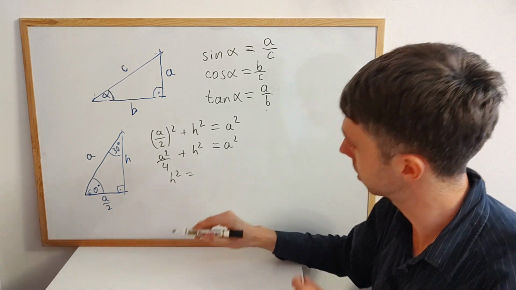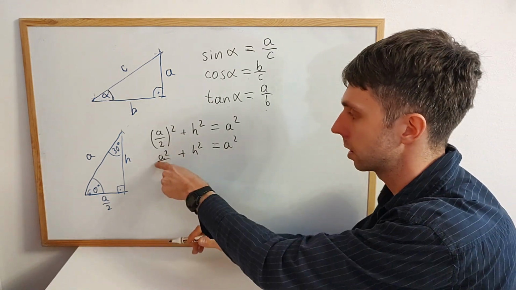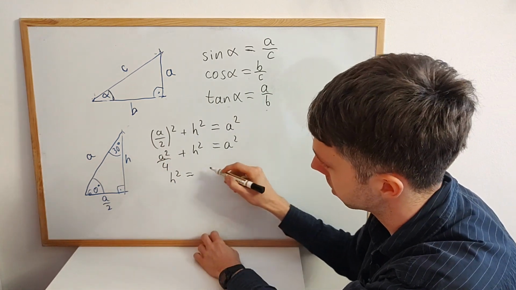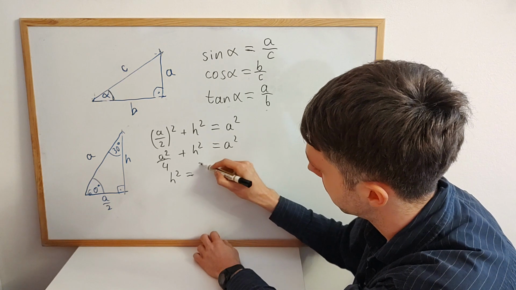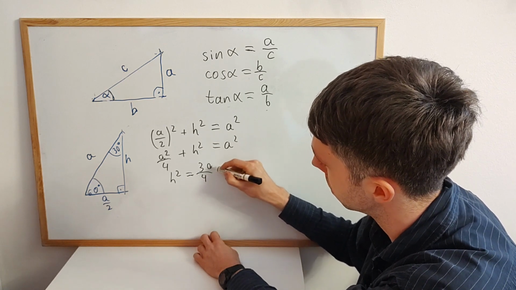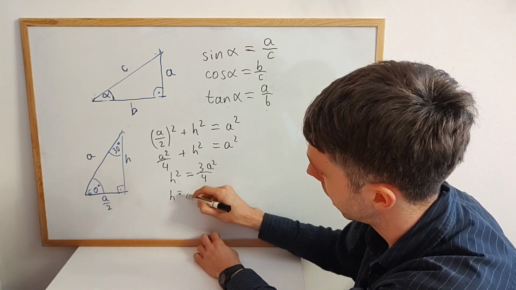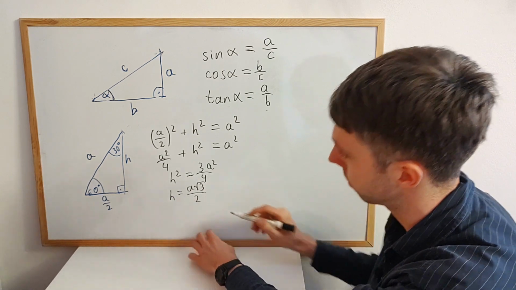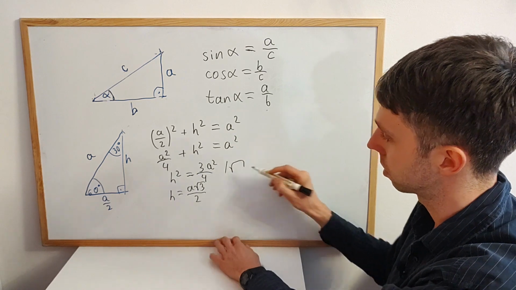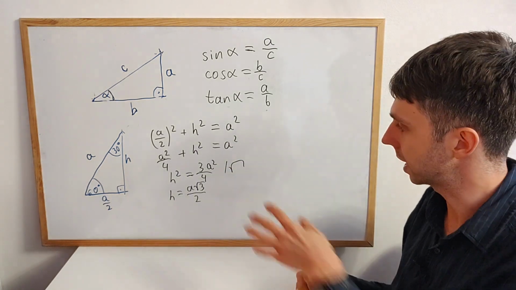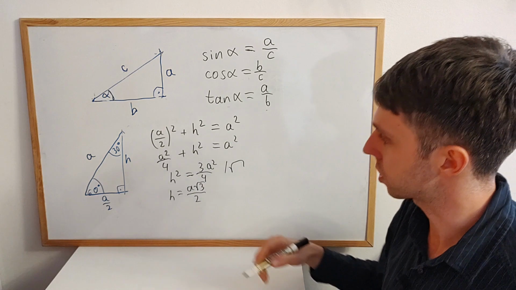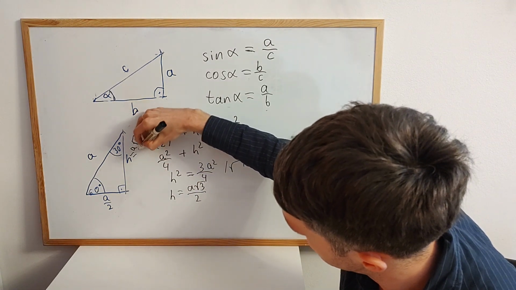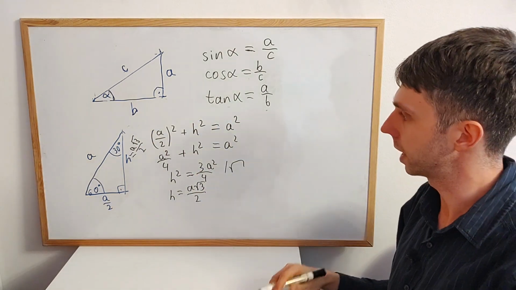So h squared is like a cake minus 1/4 of cake, quarter of cake. So it's 3/4 of a squared. So h is a square root of 3 divided by 2, because here you just take the square root of both sides of this expression. So h is just a square root of 3 divided by 2.